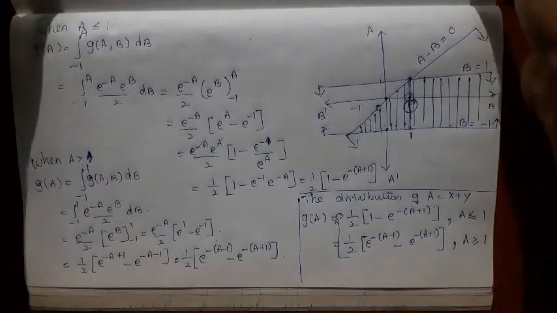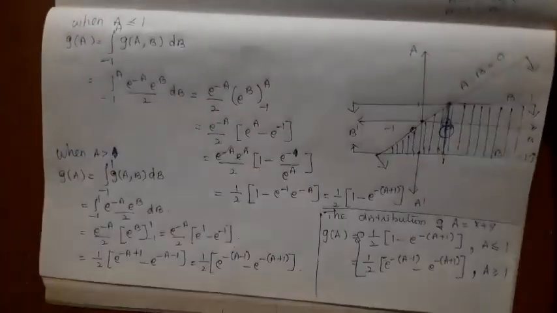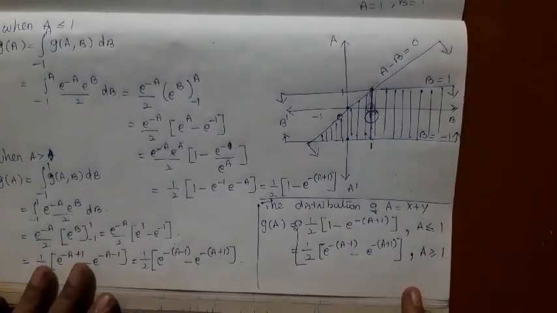Okay. So, this is your final answer. This is how you transform the random variables to find the distribution.